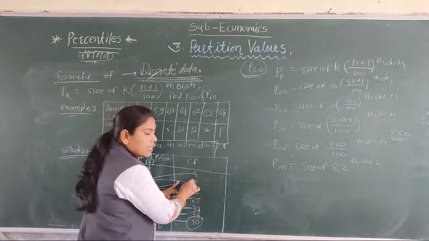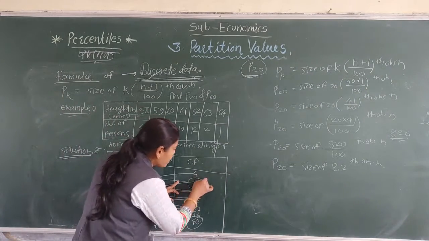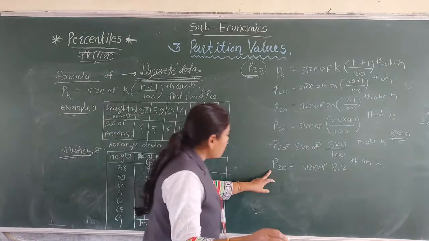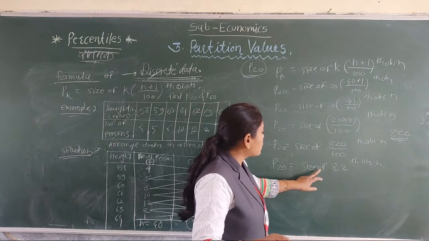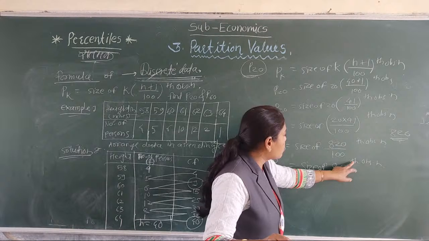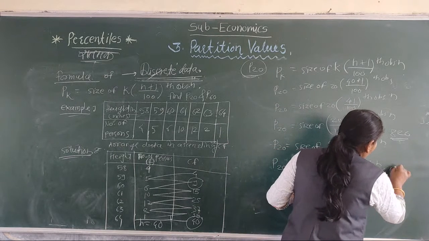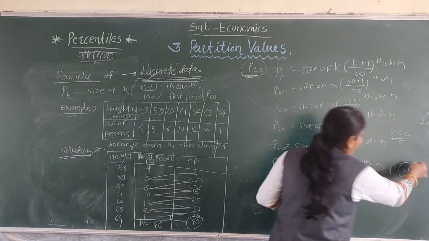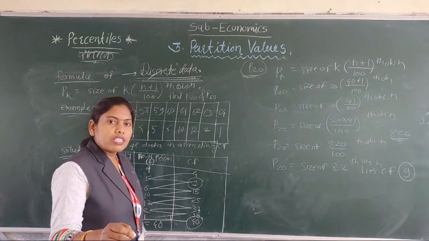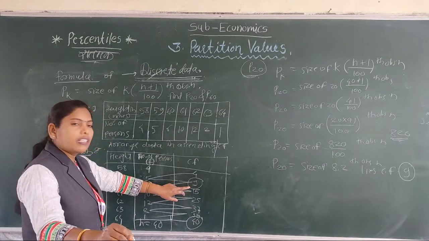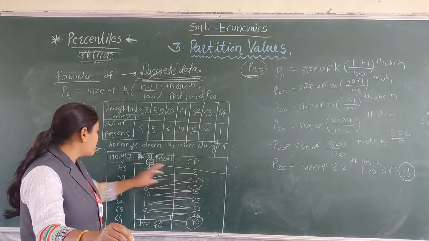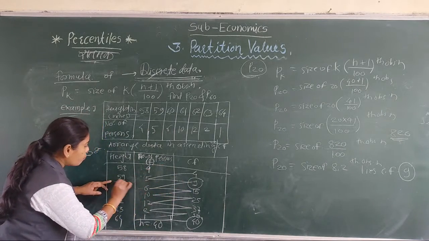It lies in cumulative frequency 9. It means P20 is equal to size of the 8.2 observation, which lies in cumulative frequency 9, and the corresponding class of cumulative frequency 9 is equal to 59.